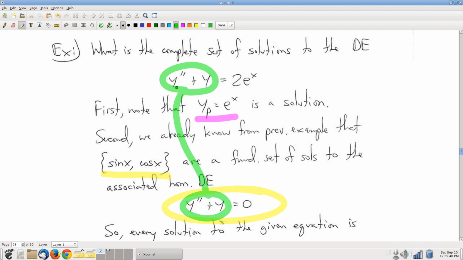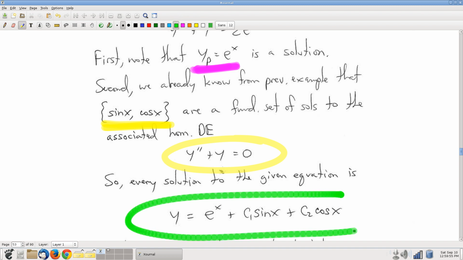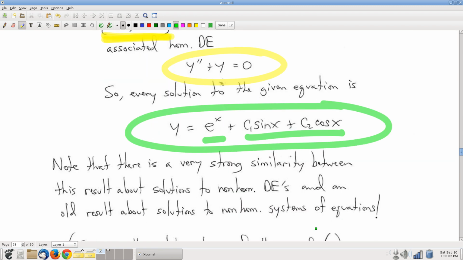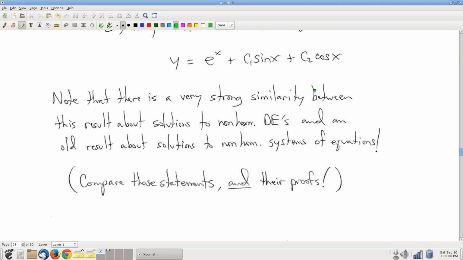In other words, we're talking about the same L operator. So knowing as we do a particular solution, and knowing all of the homogeneous solutions, we know that the complete set of solutions is the sum of them. Particular plus homogeneous.